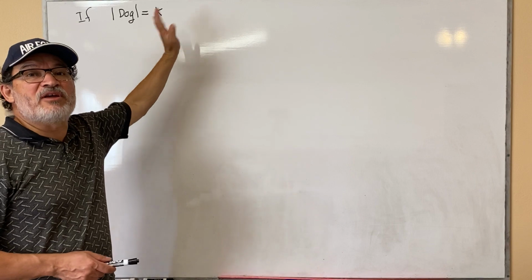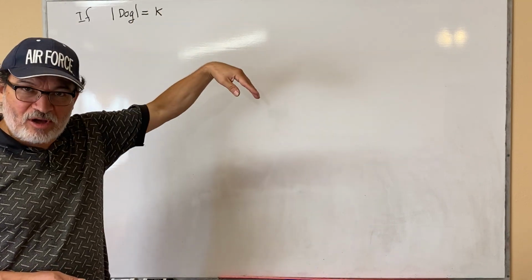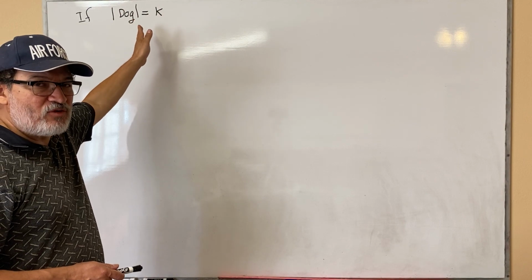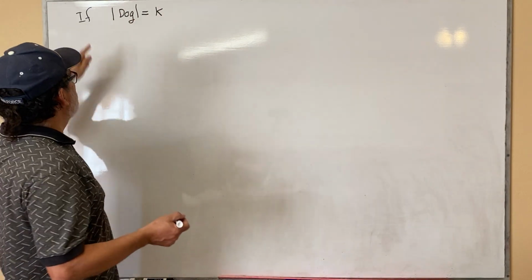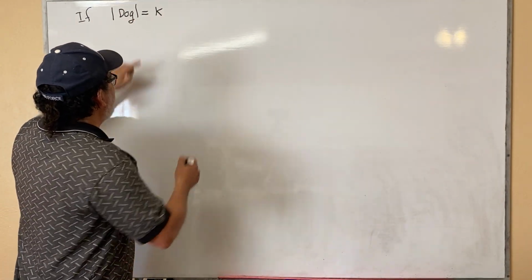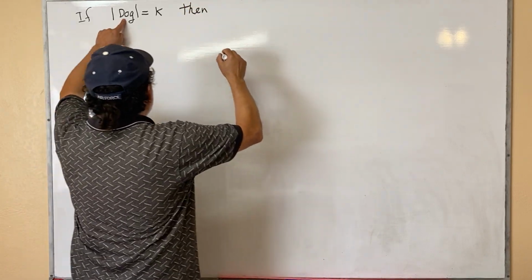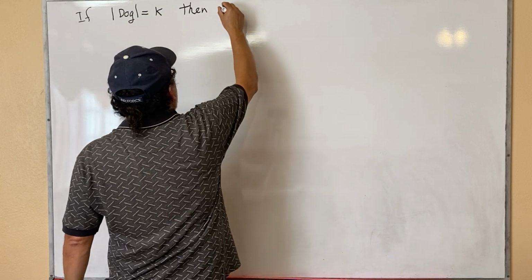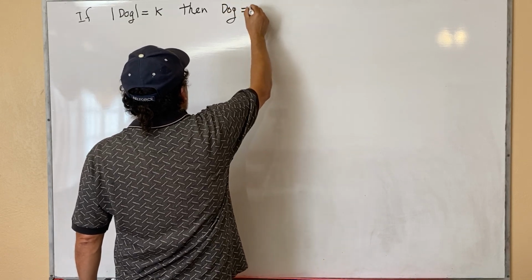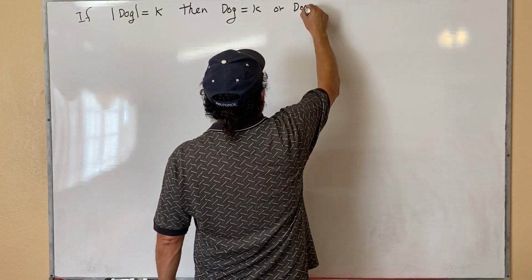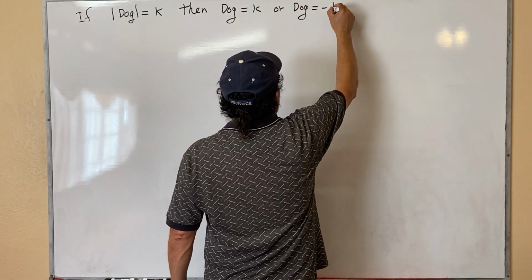To solve this, you bring the dog out of the absolute value house. So if this is the case, then bring out the dog: dog equals k, or dog equals negative k.